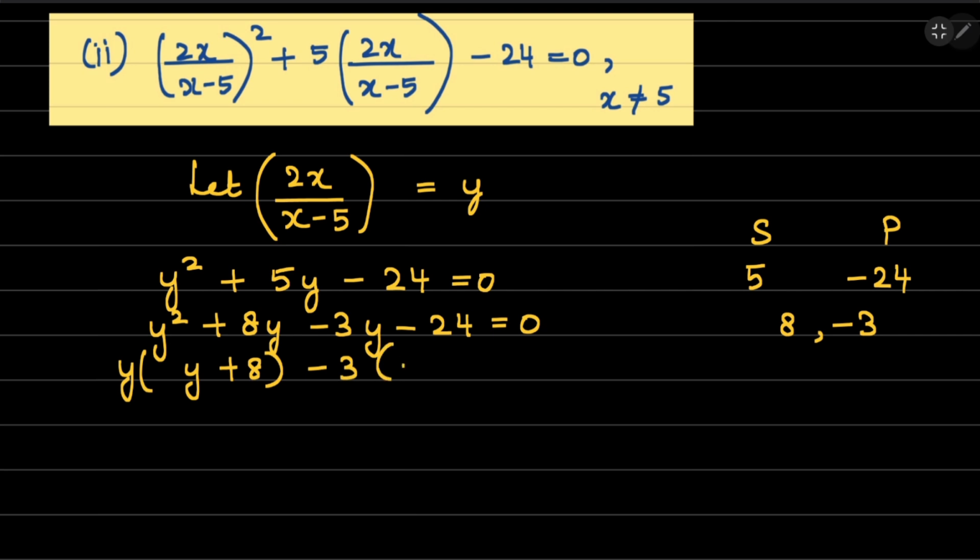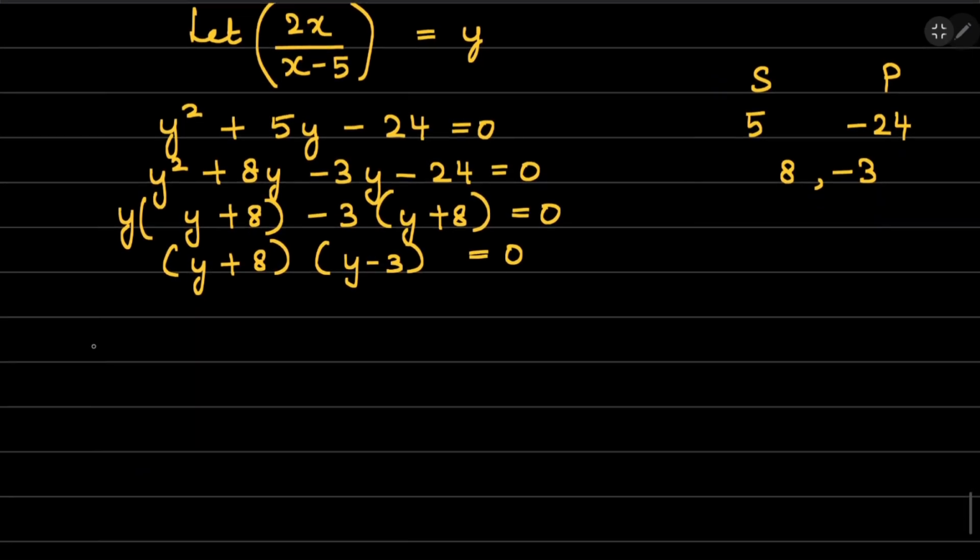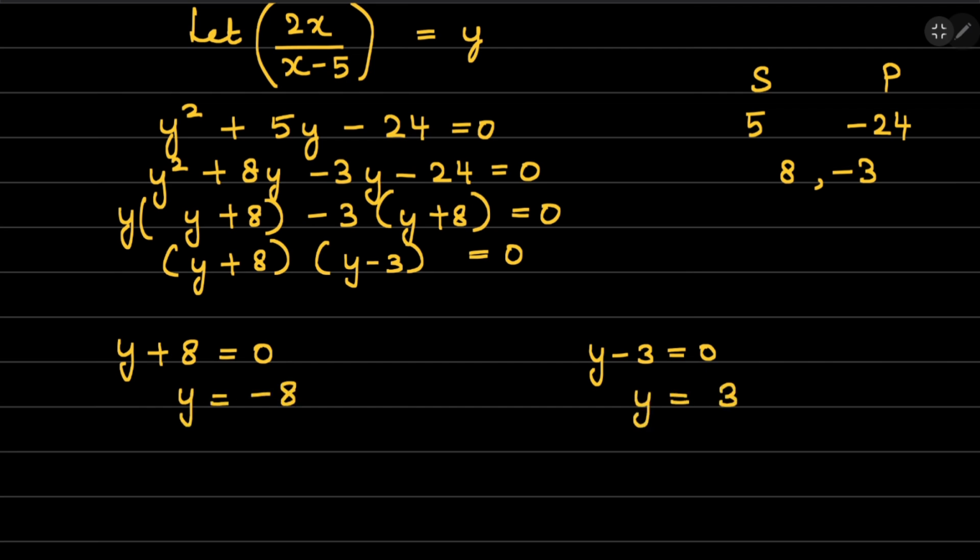Take minus 3 common out, again y plus 8 equal to 0. So the two factors are y plus 8 and y minus 3. Either y plus 8 is equal to 0, or y minus 3 equal to 0. Right? So y is equal to minus 8 in this case, and y is equal to plus 3 in the other case.